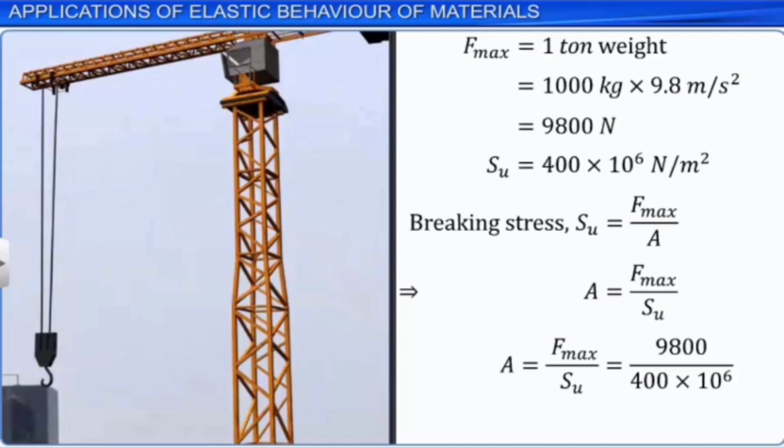As the cross-section of the rope is circular, which is equal to pi r square, substituting and simplifying for the radius, we get the radius of the rope as 2.79 millimeters.